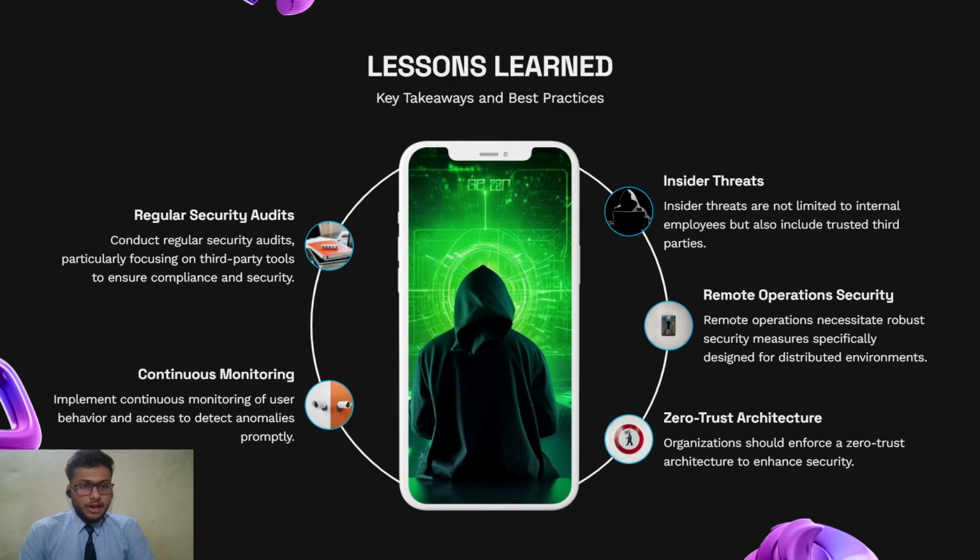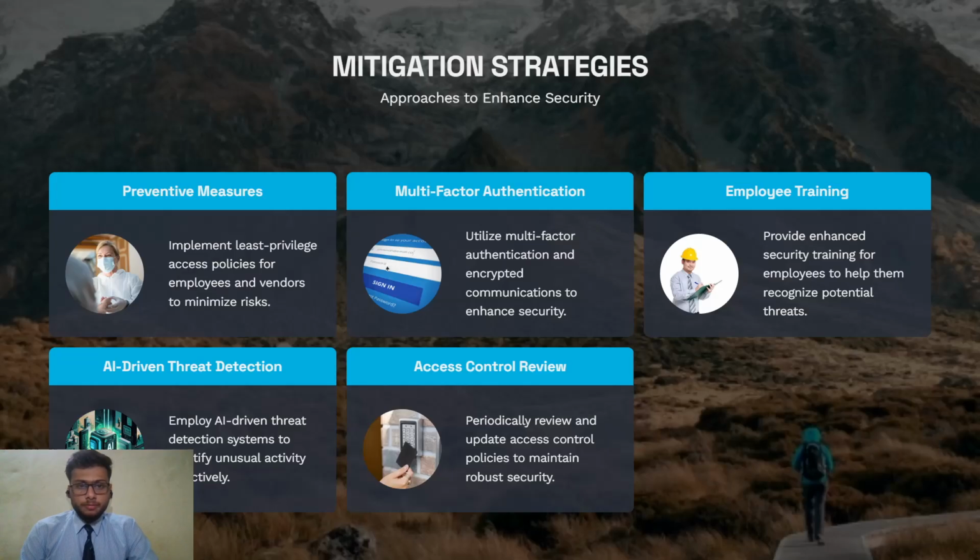And then last is regular security audits. Organizations should do regular security audits, particularly focusing on third-party tools to ensure compliance and security. So these are the lessons we have learned from the attack which happened with the SolarWinds company, especially Orion Suite.